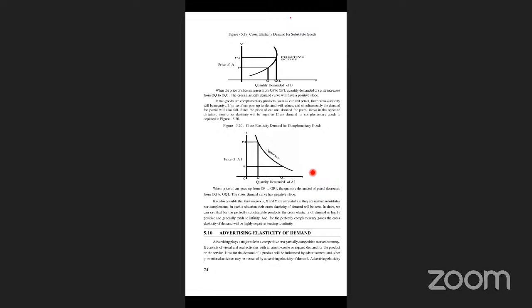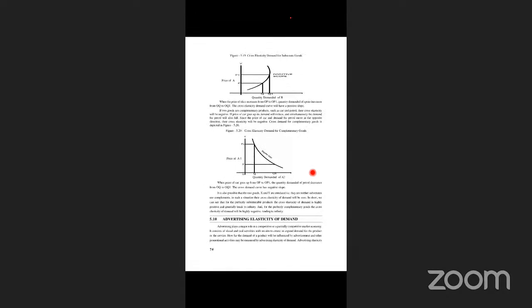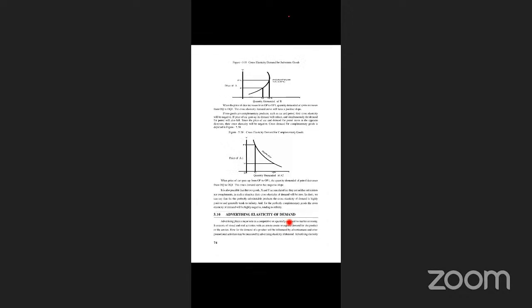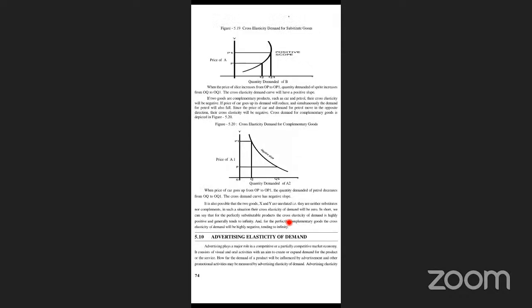Price, income, and cross, we finished. Next, we have advertising elasticity of demand. This advertising elasticity of demand is an elasticity of demand which depends on advertising and how effective the advertisement is.